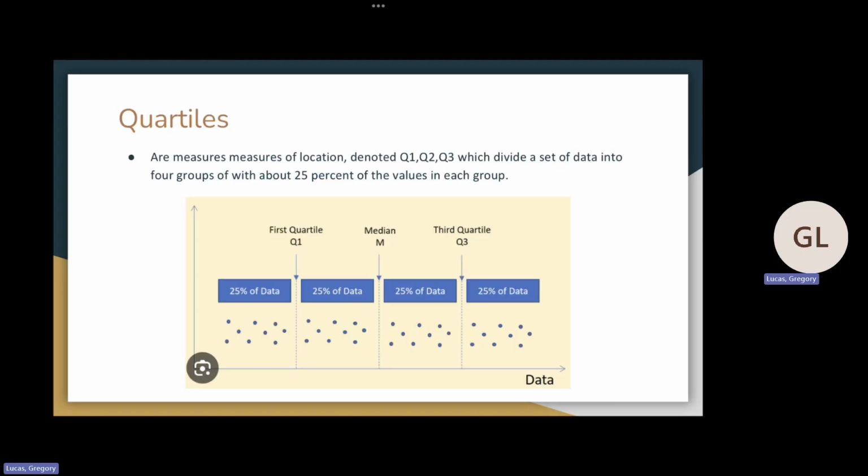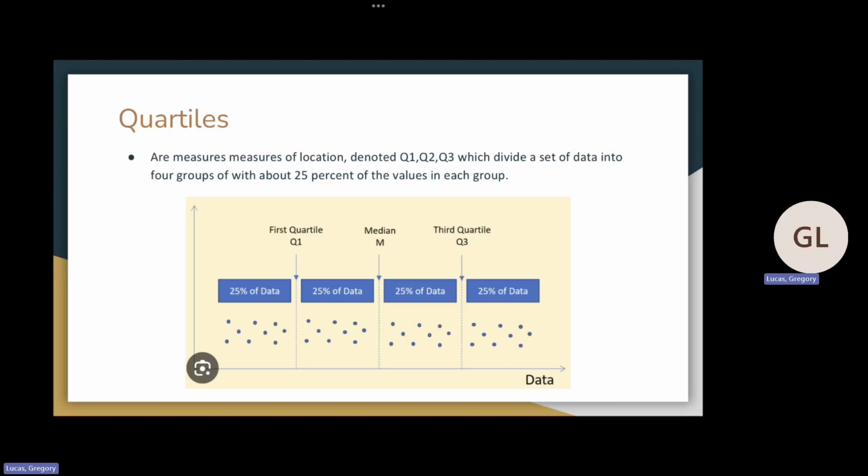You might think there should be 4 here, but we don't have anything that represents 0 or 100. So it's just those points in the middle, even though we're separating it into 4 groups.